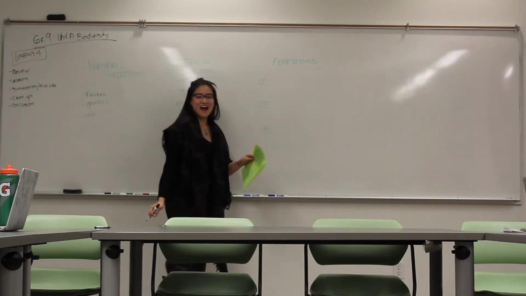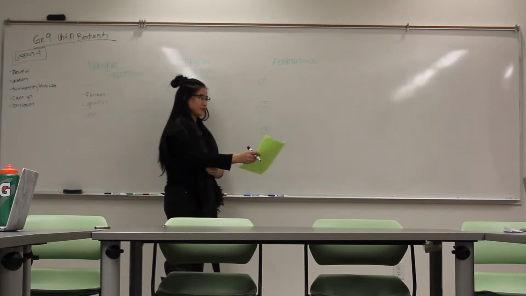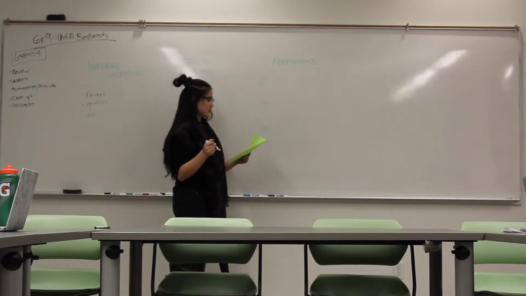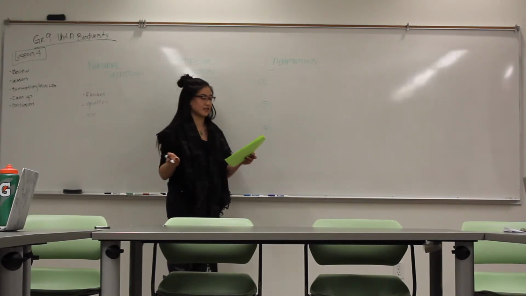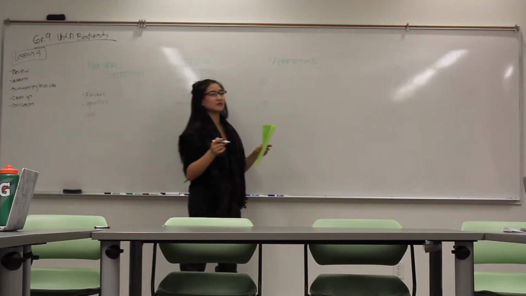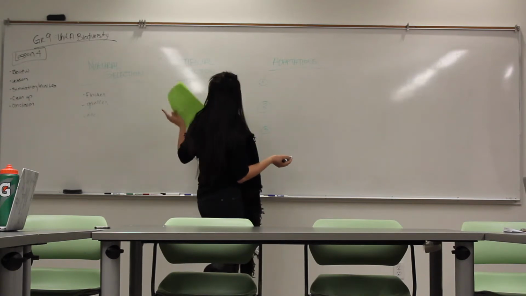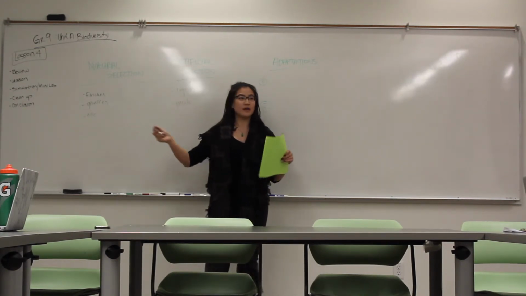All right. So moving on to adaptation. Adaptation is actually a huge part of natural selection. Sometimes there are misconceptions for students, they would mix up adaptation and natural selection.